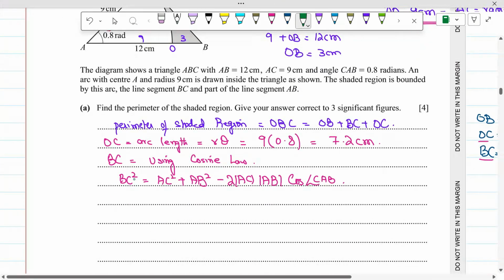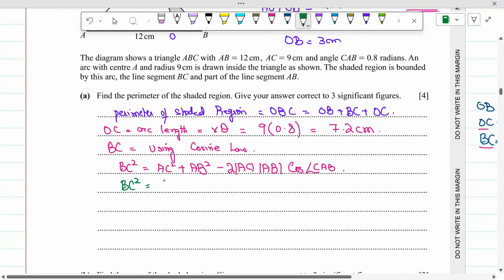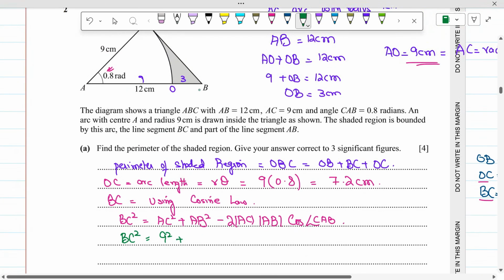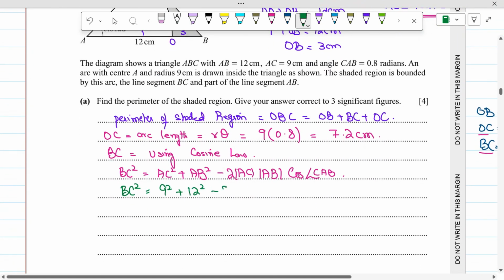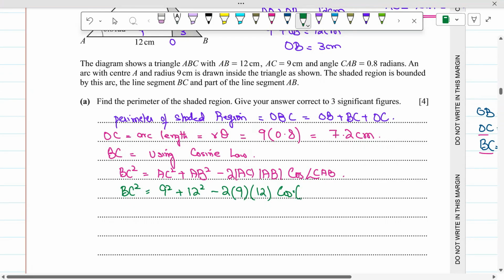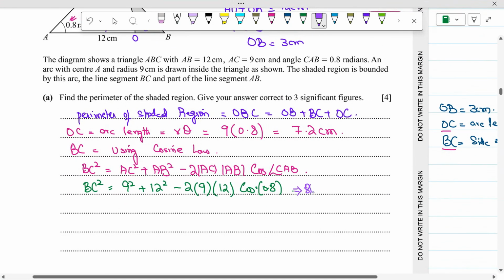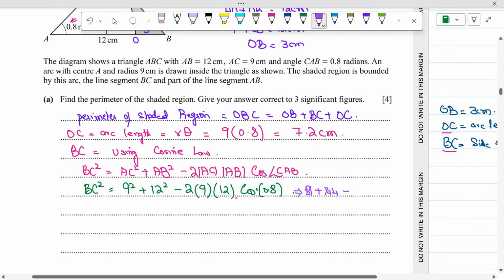So we need to find BC. BC square is equal to AC square, which is 9 square, plus AB, which is 12 square, minus 2 times 9 times 12 times cos of the angle between AB and AC, which is 0.8. So this is 9 square is 81, plus 12 square is 144, minus 2 times 9 times 12, which is 216, times cos of 0.8 radian, which is 0.6967.